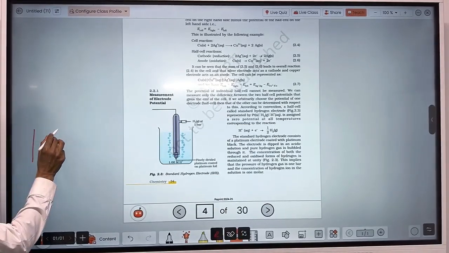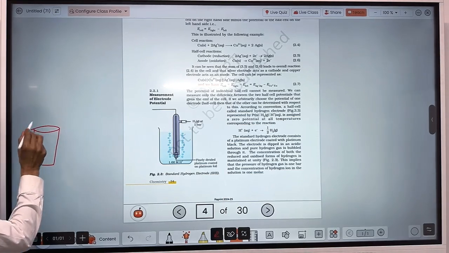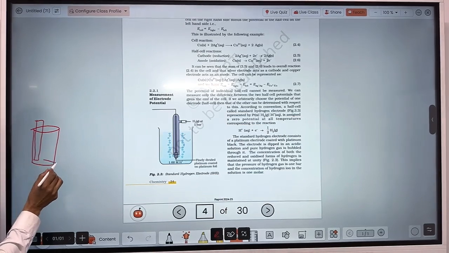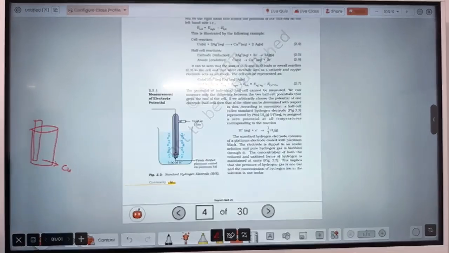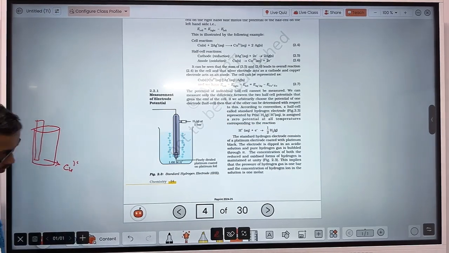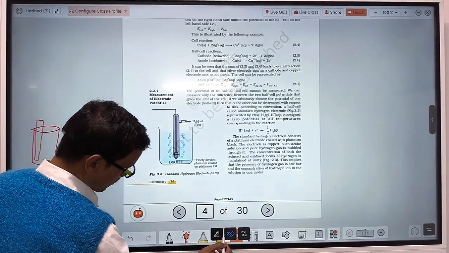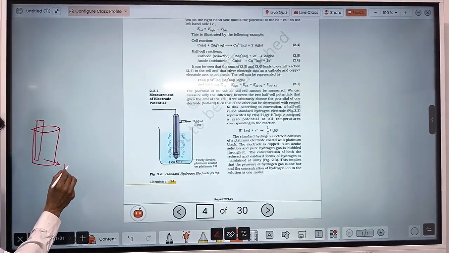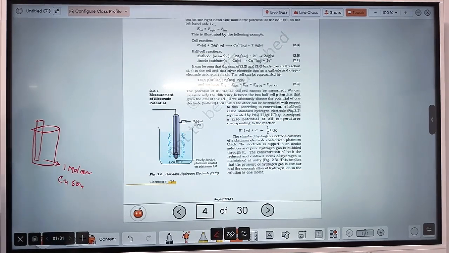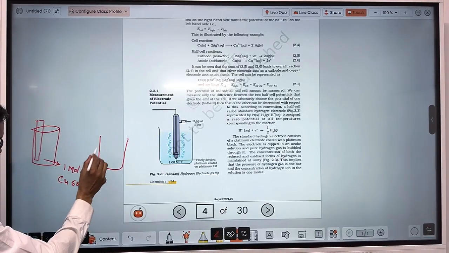In a vessel we will take 1 molar CuSO4 solution and dip a copper rod in it. And here the hydrogen electrode we will take.